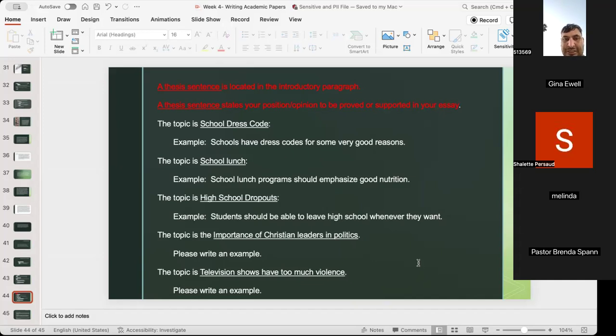Okay, here's the part where I'm having problems. The thesis sentence and the topic sentence. I thought the topic sentence is the topic of what you're going to write about.